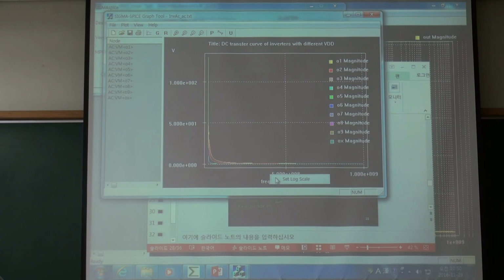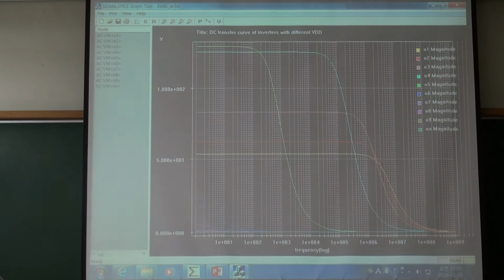Okay, let's put all those things here. Where is 3.0? Oh yeah, I have a small gain. Let me kill 3.0, kill 2.5, kill 1.5. Yeah, gain is increased as I reduce VDD.